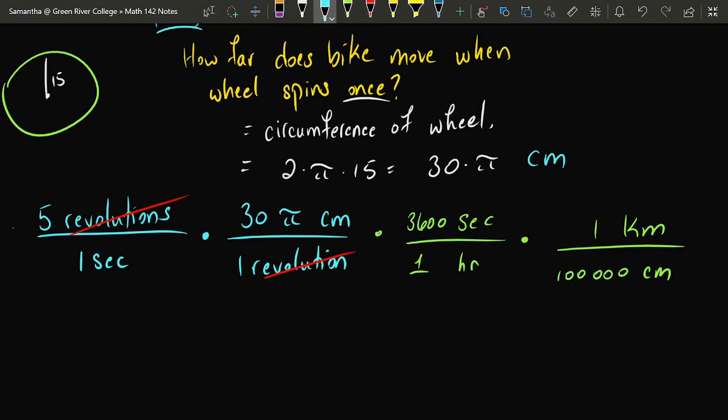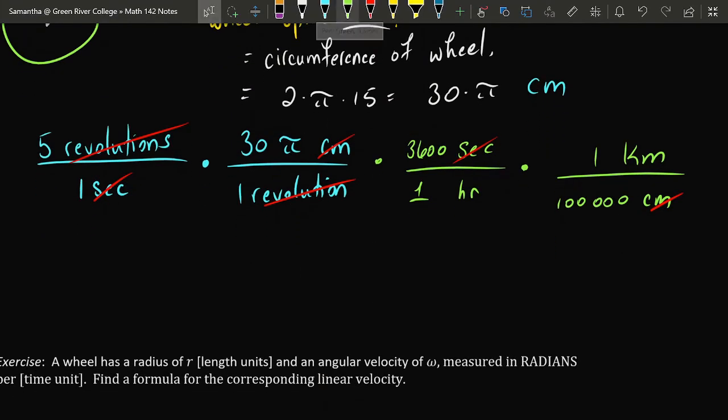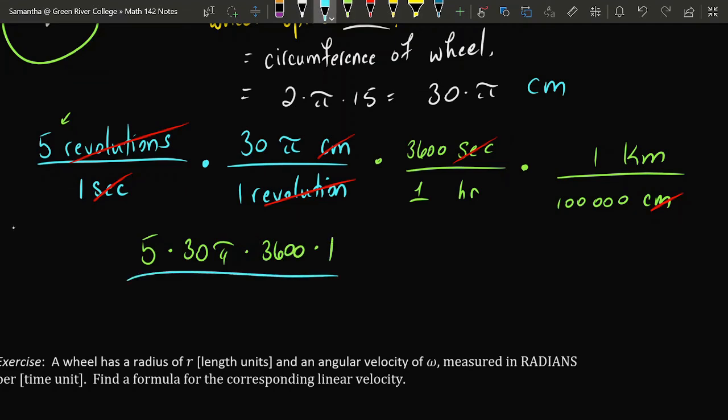So after canceling everything out, centimeters cancels centimeters, seconds cancels seconds, we now have a linear velocity whose numerical value is equal to this 5 on the far left, multiplied by the 30 pi, multiplied by the 3,600, multiplied by the 1, all over the 1 and the single 100,000.